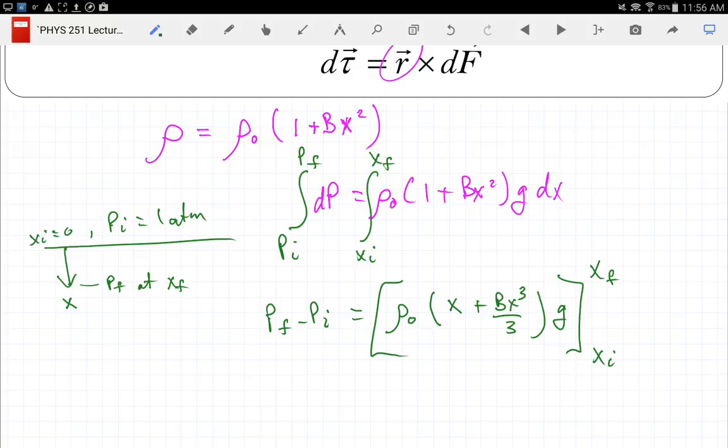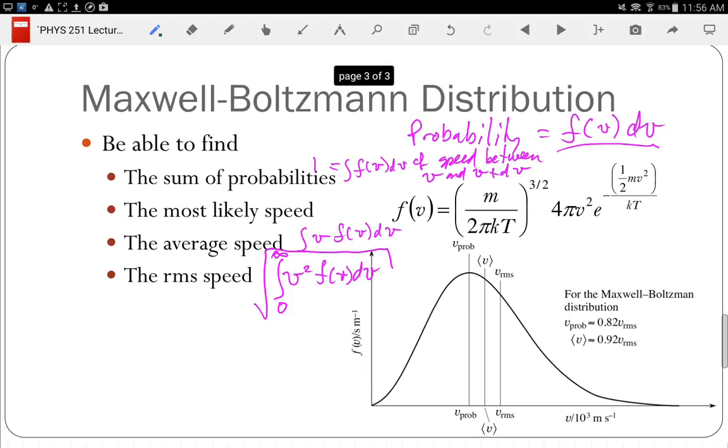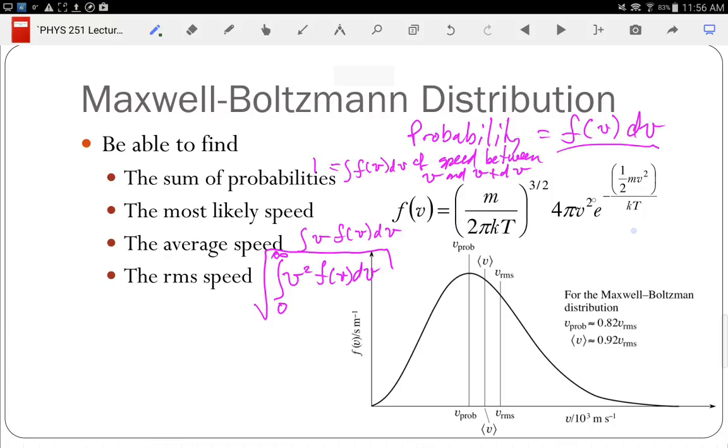Oh, the Maxwell-Boltzmann, whatever. The sum of probability gave us probability is f(v) dv. Yeah, the probability distribution is the name for that. And then the probability of, I mixed colors. Let me unmix the colors as best I can. Okay, almost right.